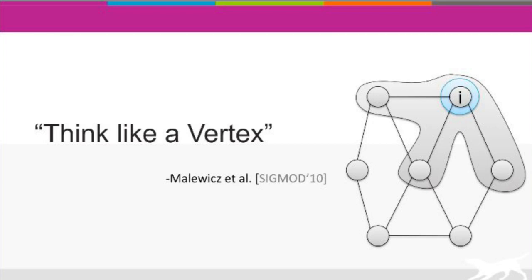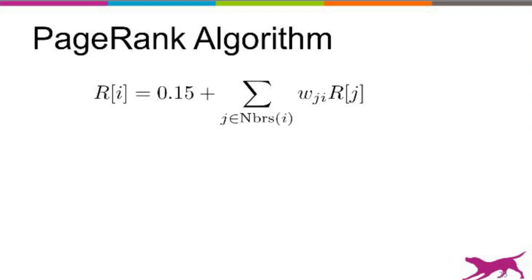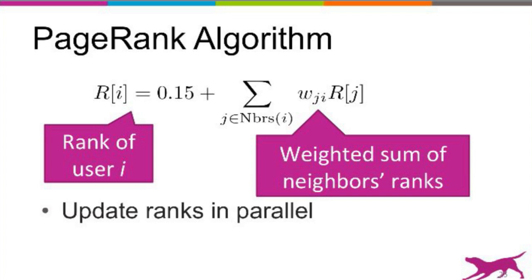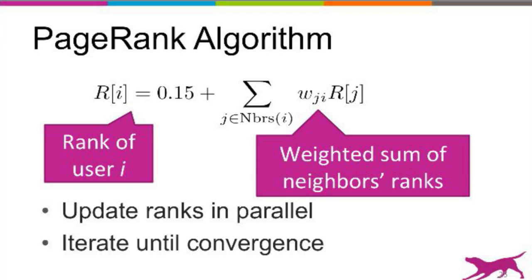The PageRank of user I is equal to a constant plus a weighted sum of the PageRank of its neighbors. You initialize every vertex with PageRank 1 and run this computation on each of the vertices in parallel until it converges.